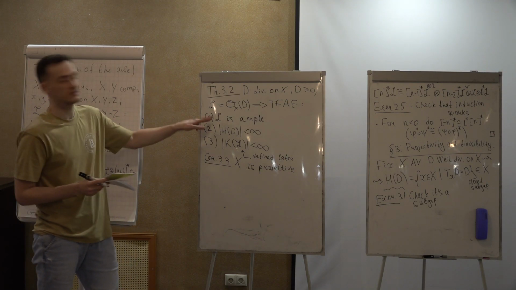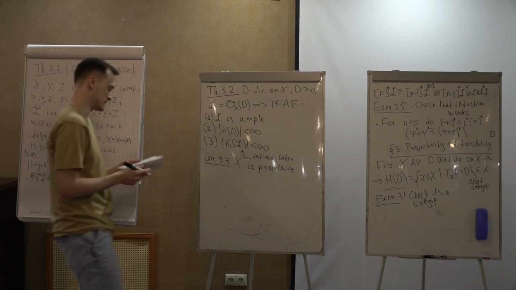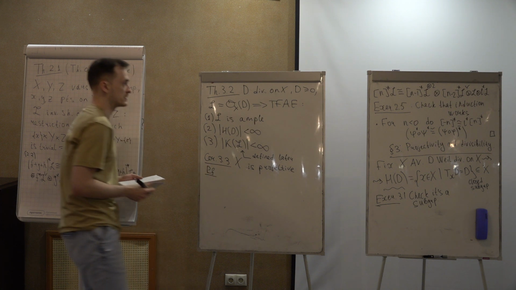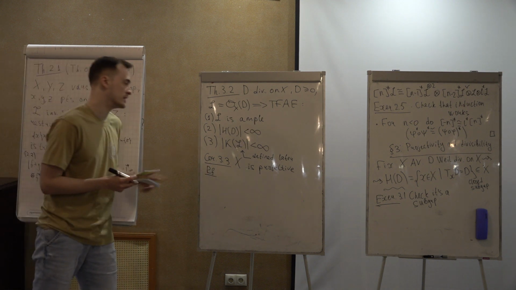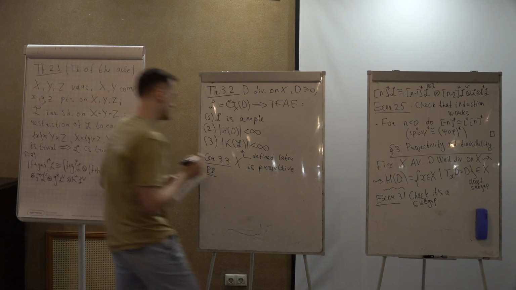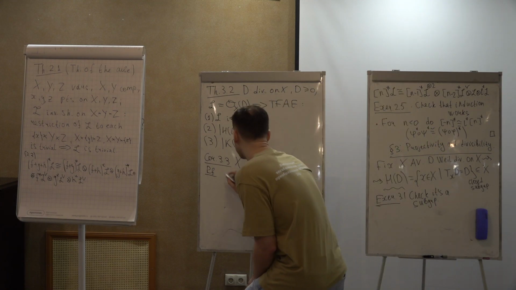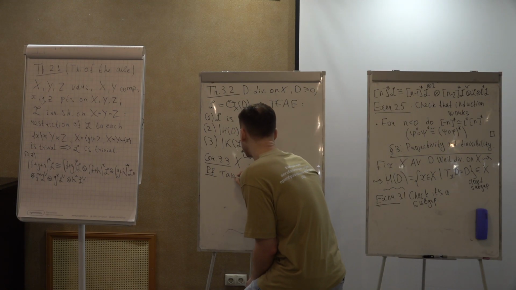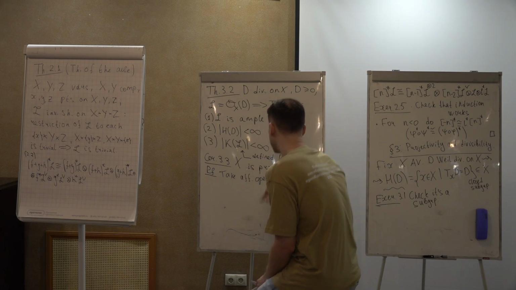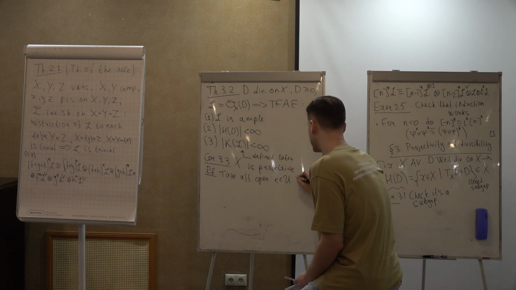We just need to find an ample divisor or an ample invertible sheaf on X, and use this criterion with H of D. And what do we take as our divisor? We just take an affine open neighborhood of the identity.